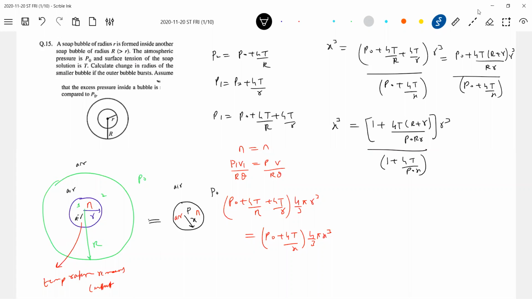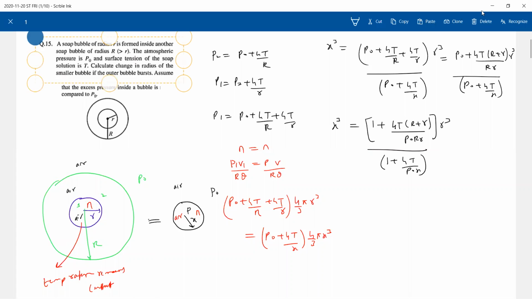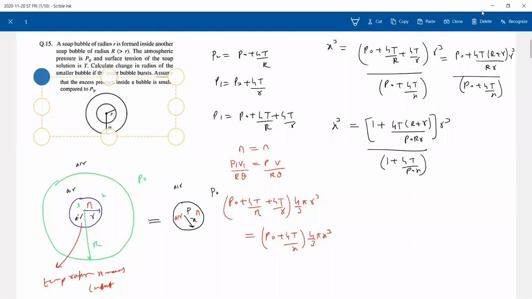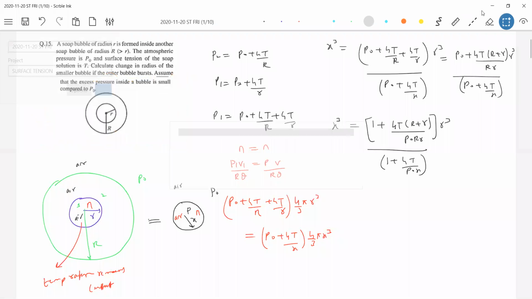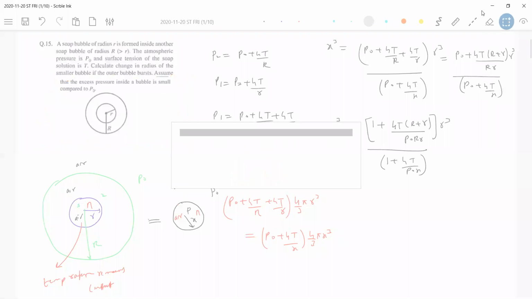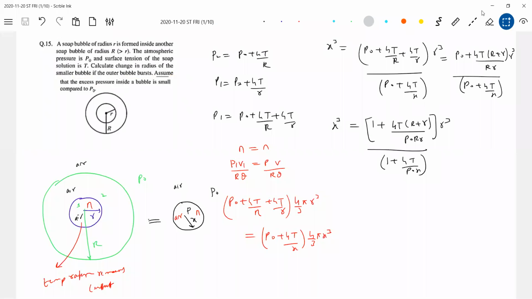Okay, this one, so small data is there. Yeah, I think without this, nobody can solve this problem. What is it telling? Assume that excess pressure inside a small bubble is small compared to P naught. So what approximations should I do here?